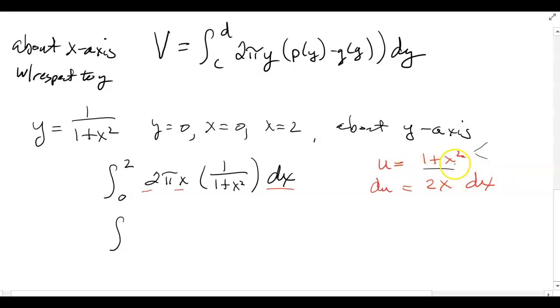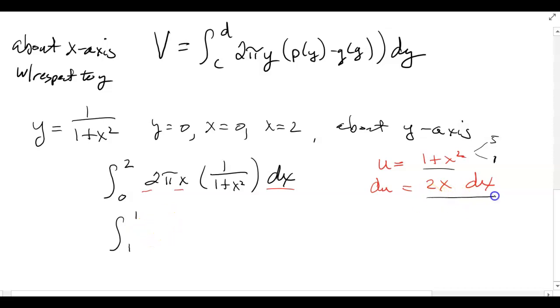What that means is you come over here to 1 plus x squared. Well, when x is 0, you can see when x is 0, this becomes a 1, and the 0 goes to 1. When x is 2, that becomes a 5. So really going from 1 to 5.